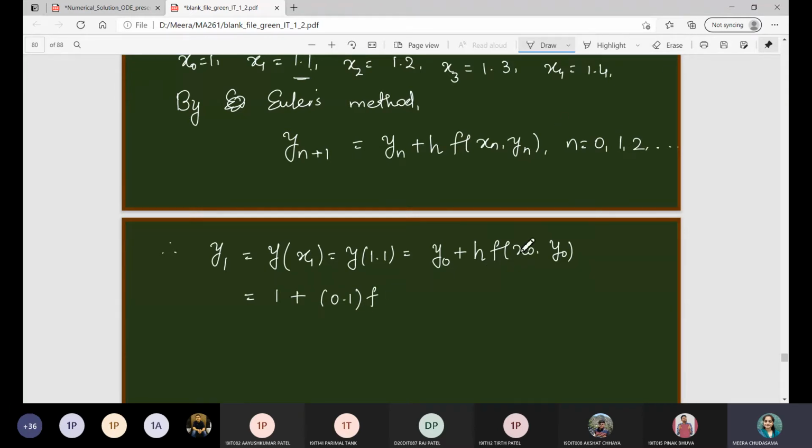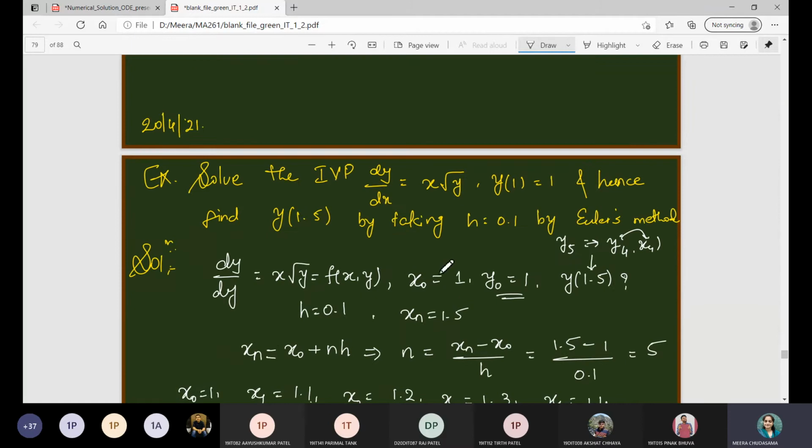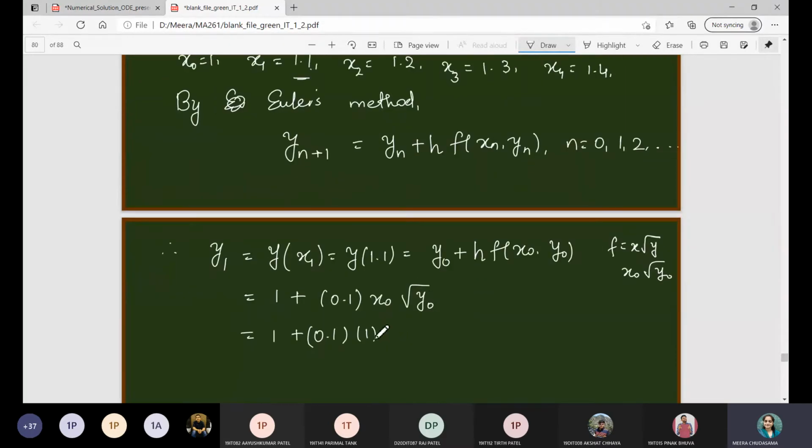So what is f? It is x into square root of y. So f at (x0, y0) will be x0 into square root of y0. I will directly substitute it. So this is 1 plus 0.1 times x0, which is 1, times square root of y0, which is also 1. x0 and y0 both are 1, and square root of 1 is also 1.